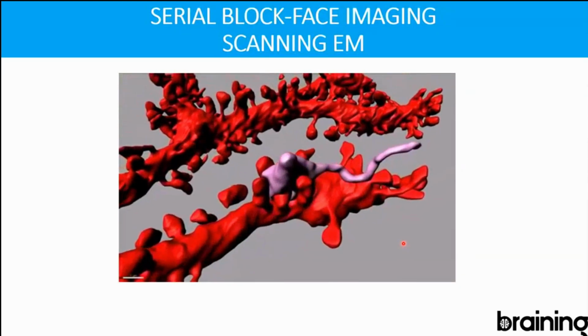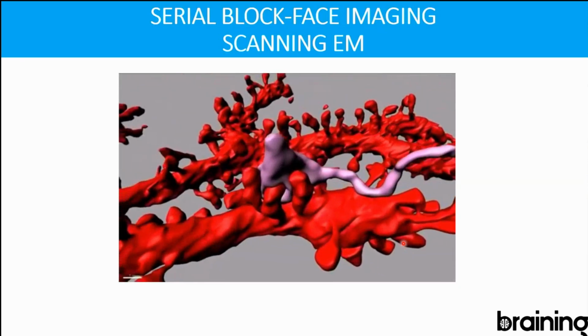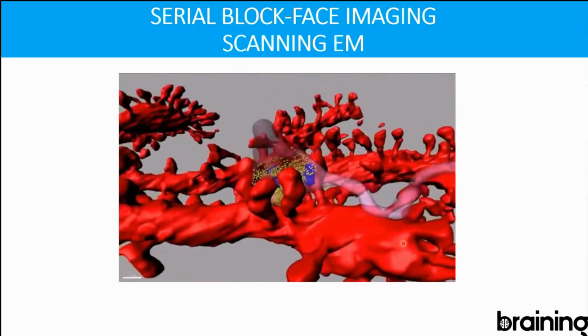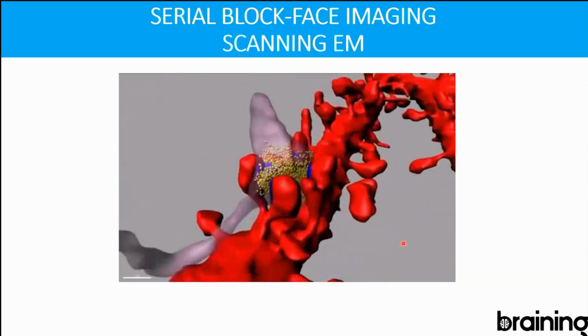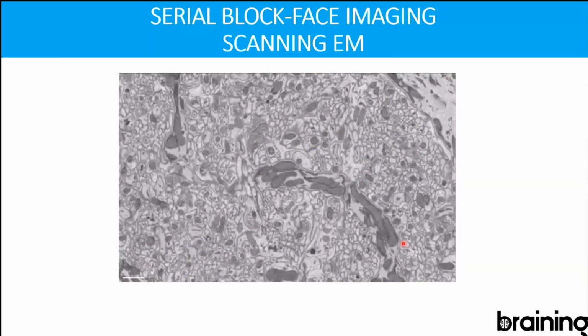So you can do a 3D reconstruction of the entire block. It's actually pretty cool. Even though you don't get a very nice resolution, you get a good view of the entire block.